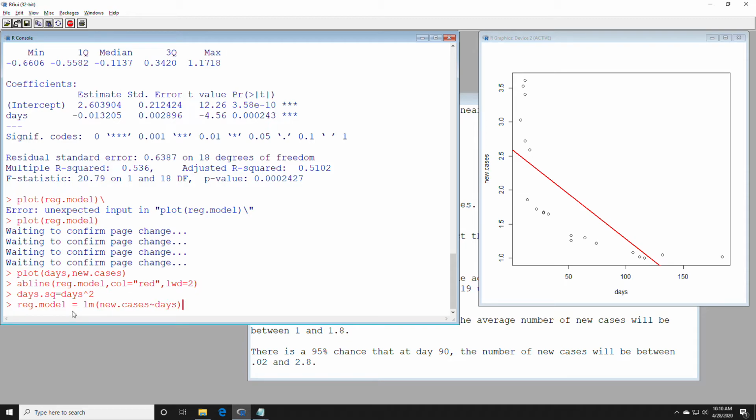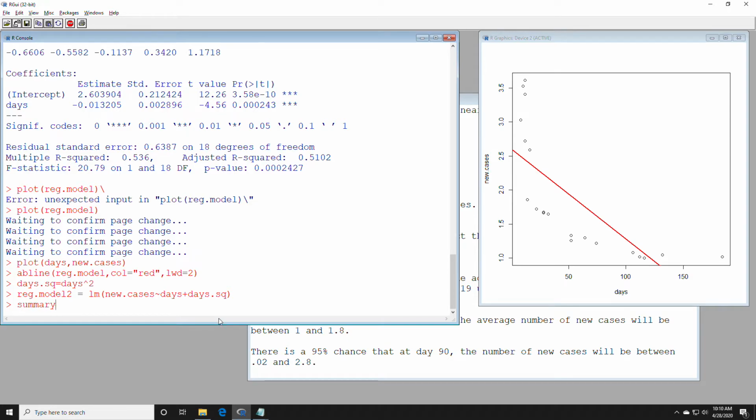This was my regression model. I'll put reg.model2 though, just to distinguish it. I have y versus x, and I need to put plus x squared, which is days squared. Unfortunately, I can't just put plus days times days. That doesn't work.